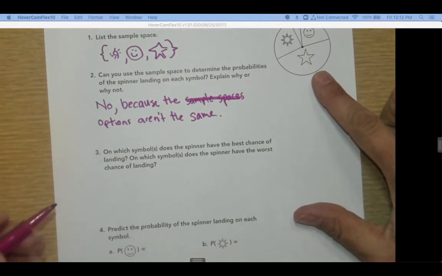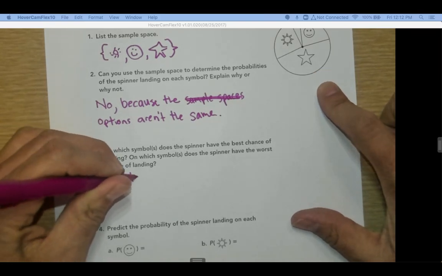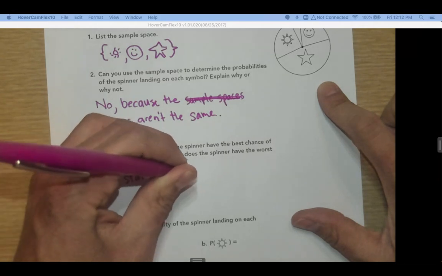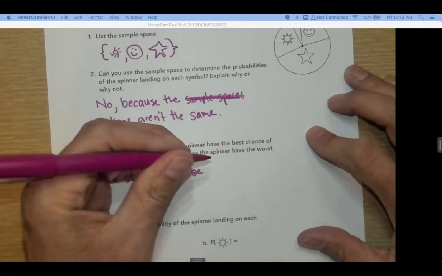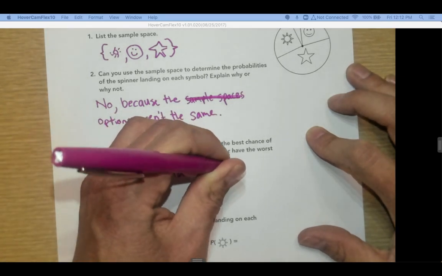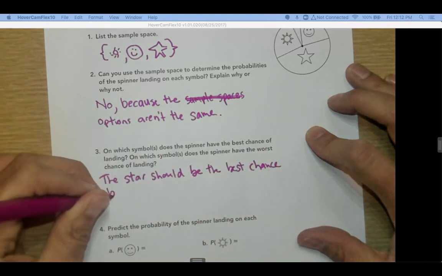I mean, if I look at this, the star should be the best chance, because it's bigger.